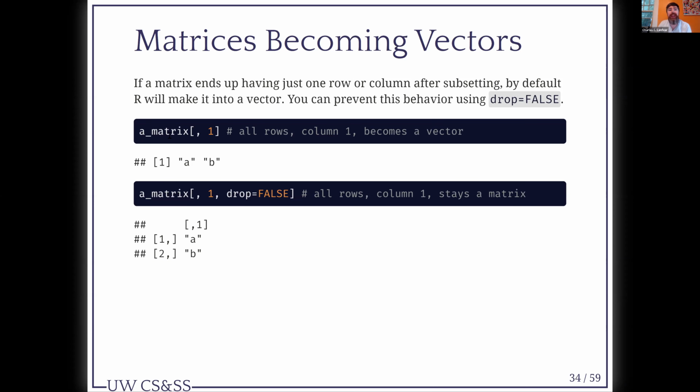So if I say a matrix, give me column 1, the thing that pops out is not a matrix with one column, it is just a vector of the entries in that column. If I want to subset a matrix down to a single row or column, but keep it a matrix, I say a matrix subset, comma, drop equals FALSE, and it will keep it as one column in a matrix, okay?